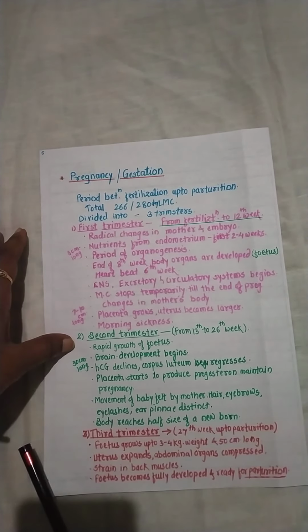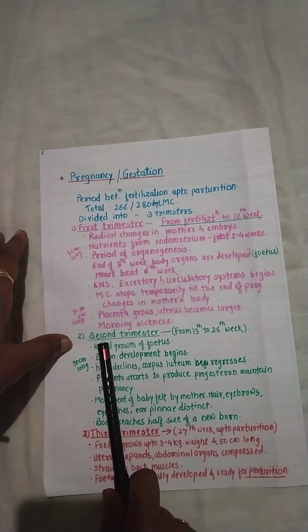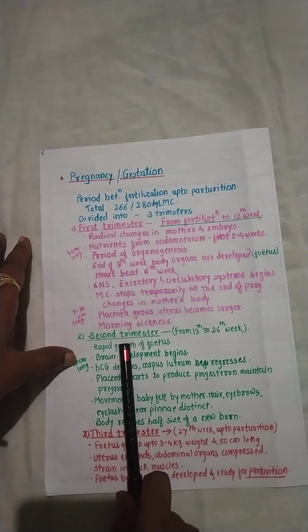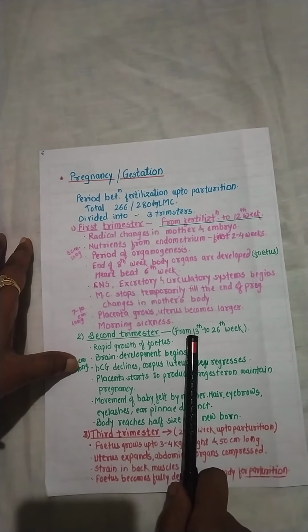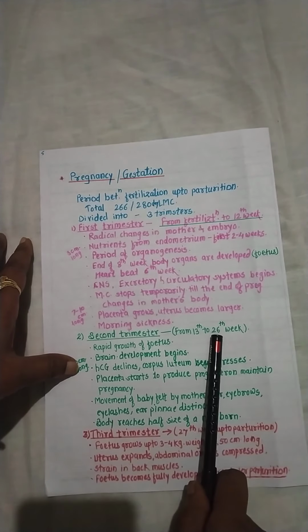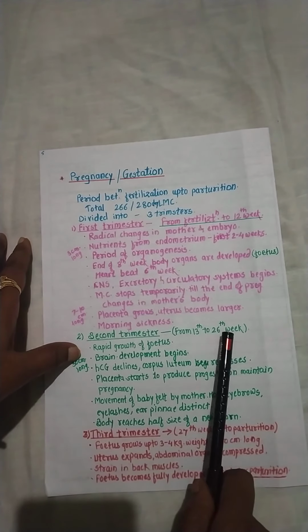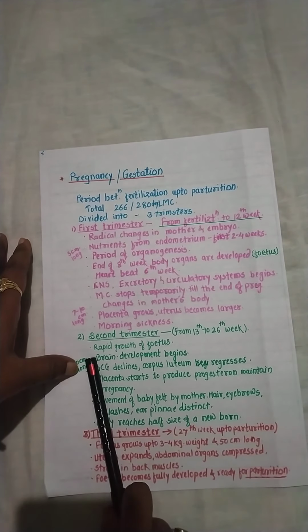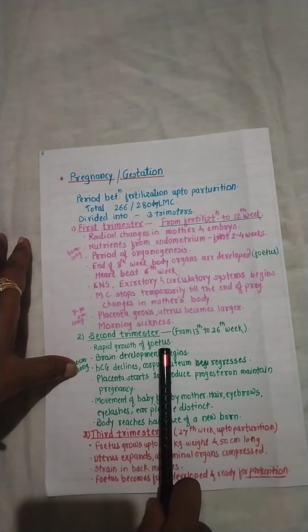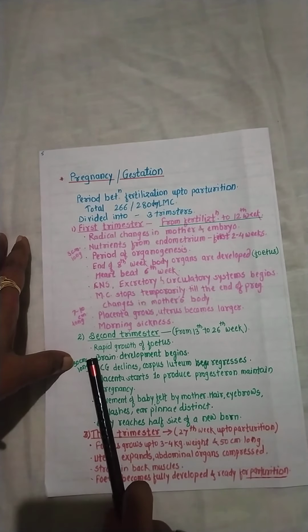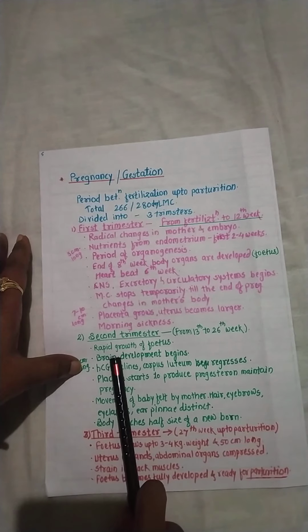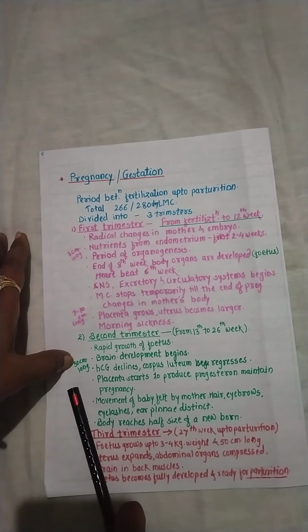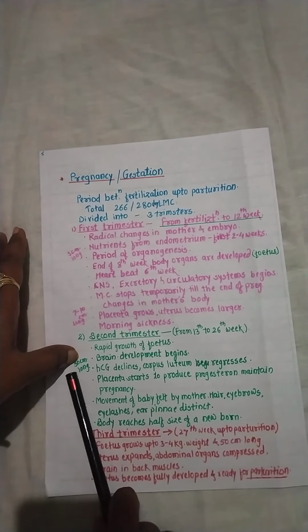Then the second stage is known as the second trimester. It starts from the 13th week up to the 26th week. It shows rapid growth of the fetus. Then brain development begins, that means the nervous system starts to develop. The embryo length is somewhat 30 centimeter.